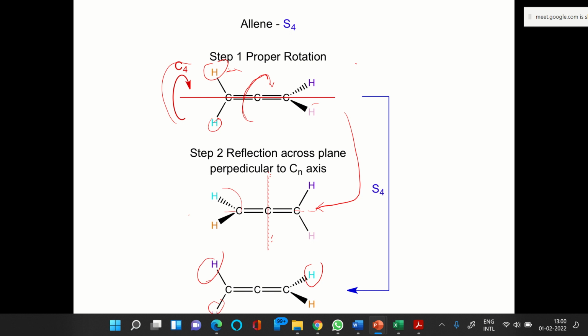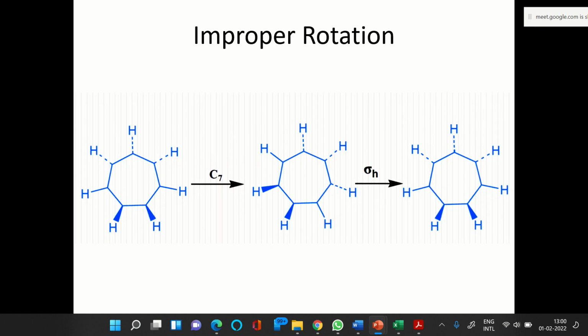So an improper axis S4 exists in the case of allenes. Improper rotation is a symmetry element for allenes. Similarly, you can think of this molecule which has a C7 axis, and you can perform a C7 rotation. This is not a planar structure. You can think this hydrogen is coming out of the screen, these three hydrogens are behind the screen, and only these two hydrogens are in the plane.